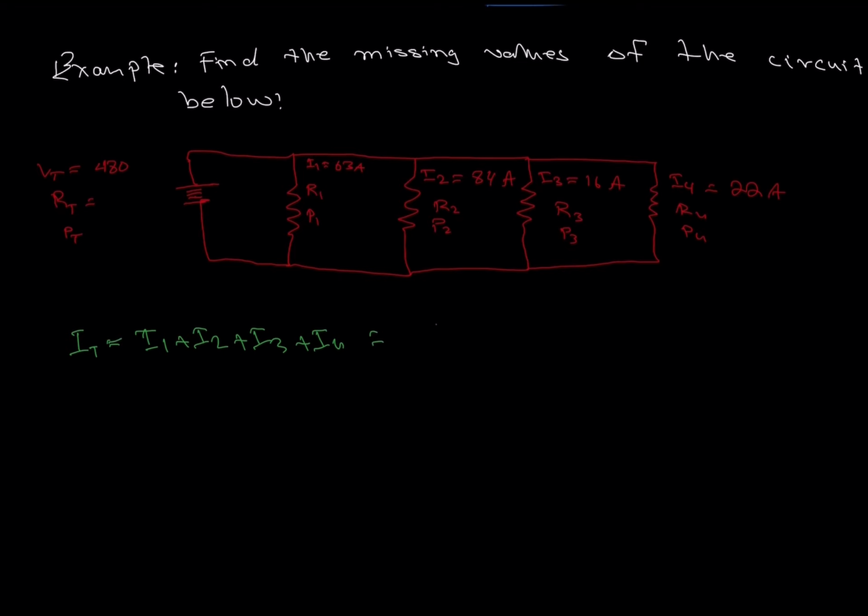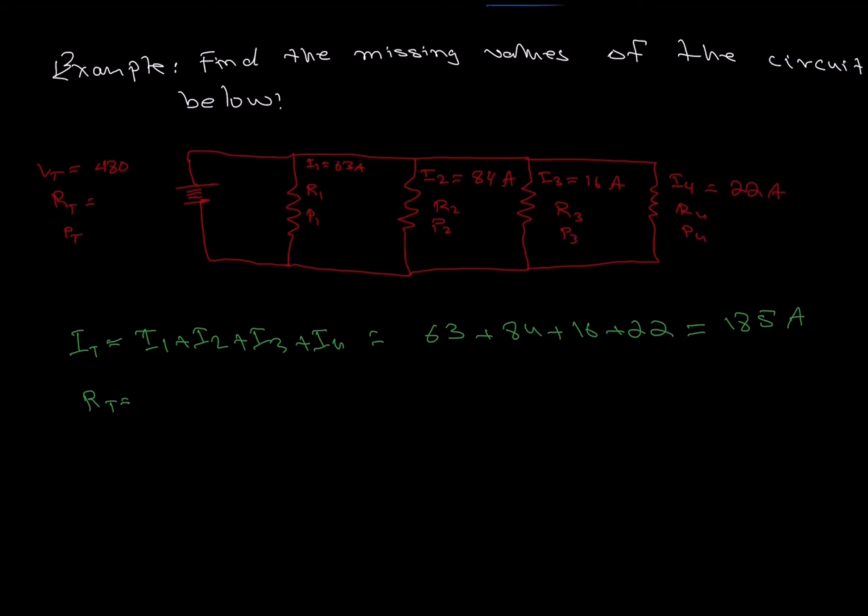And that will be 63 plus 84 plus 16 plus 22, 185 amps. This circuit is drawing 185 amps. That's a huge circuit. Now since we have VT and IT, now we can find RT.